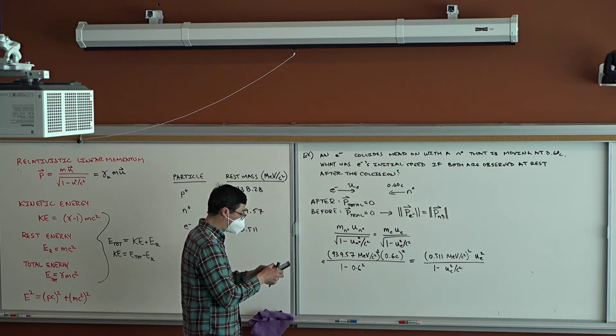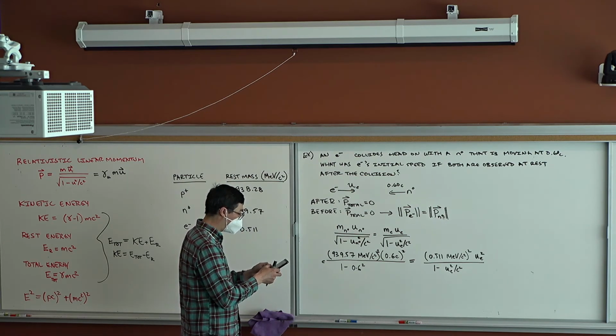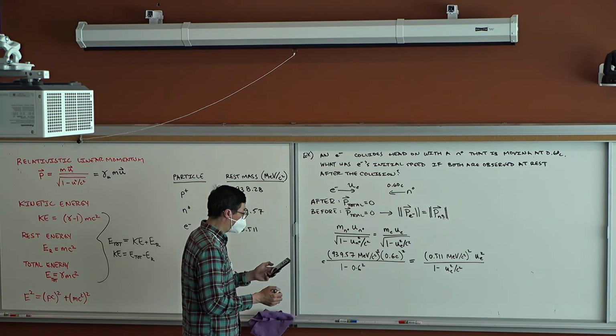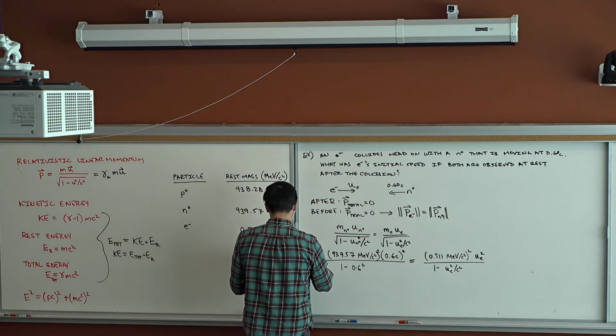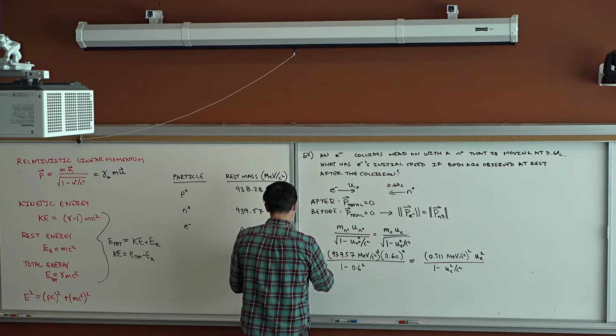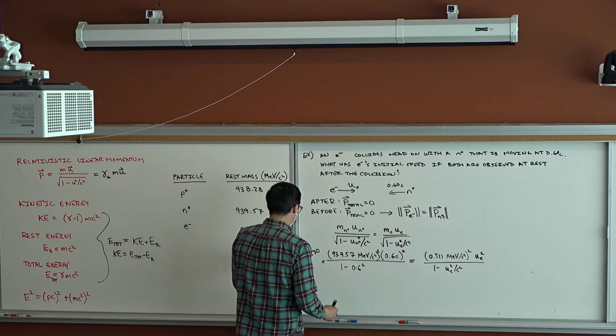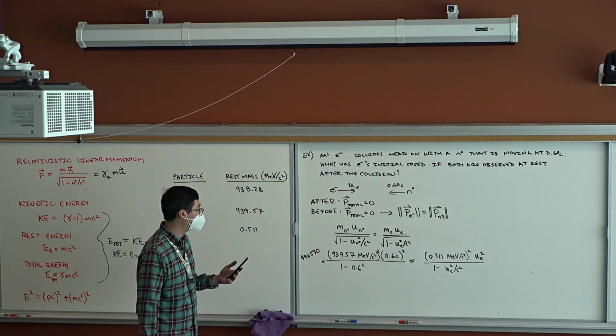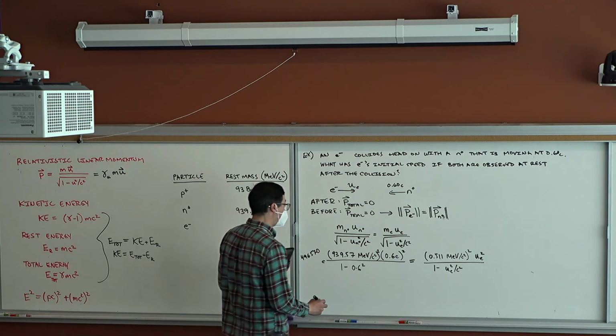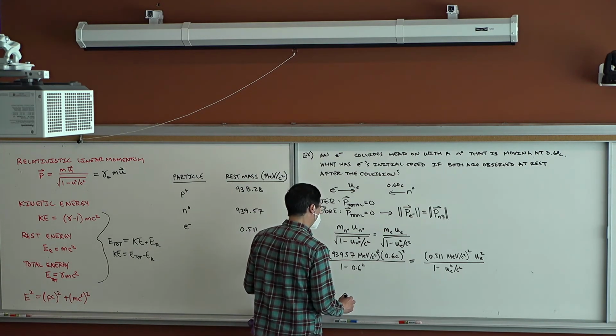So 939.57 squared times 0.6 times 0.6, and then divided by 0.64, is 496,570. I'm going to be really bad at units, what is that, MeV squared over c squared?